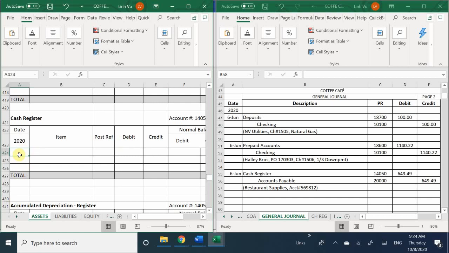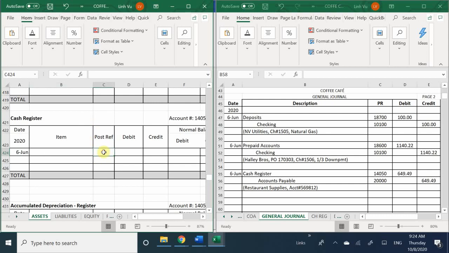So my cash register. So I'm still on the 6th of June. All right. Now this is where I can go ahead and either fill in as much information in here, or I can wait till I get to my subsidiary ledger to do that. Okay, so in this case, I'm just going to say nothing because it's already assumed. I bought a cash register. Right?